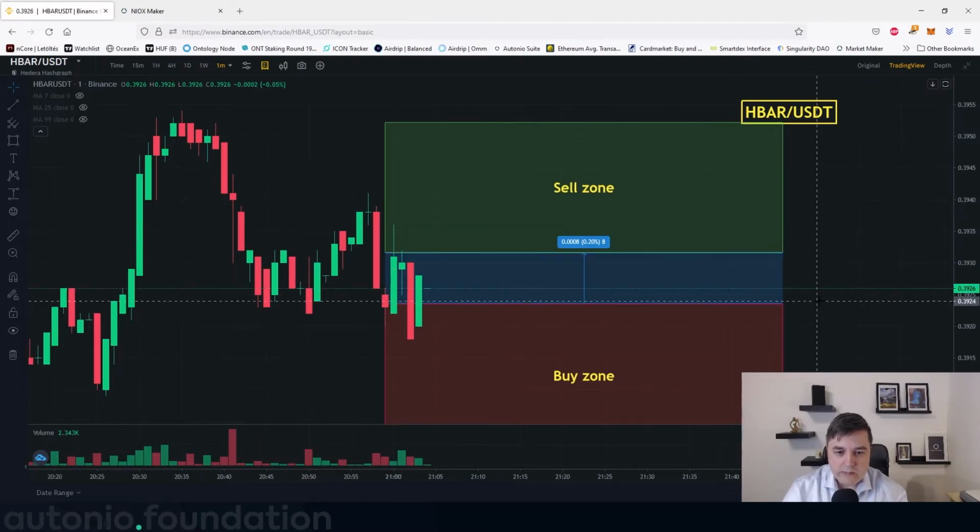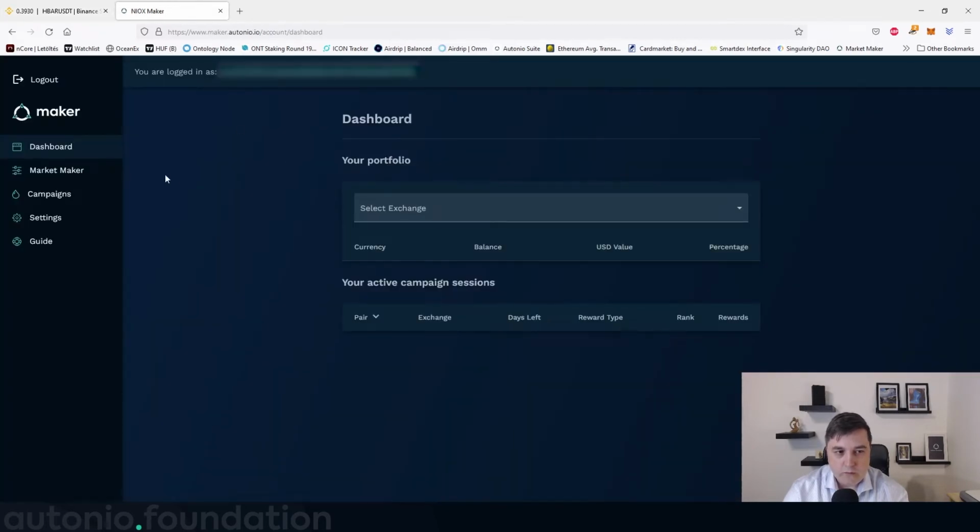So how can we set up the market maker to use these settings? Well, the buy zone will be under 0.3924 and the sell zone will be over 0.3932. So this is the data we have to enter for the market maker.